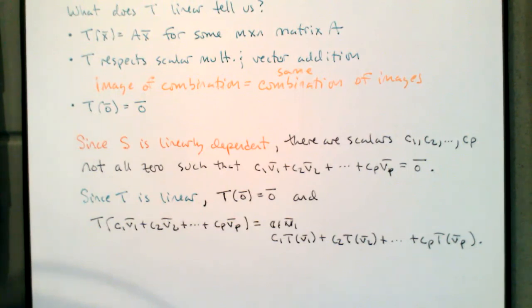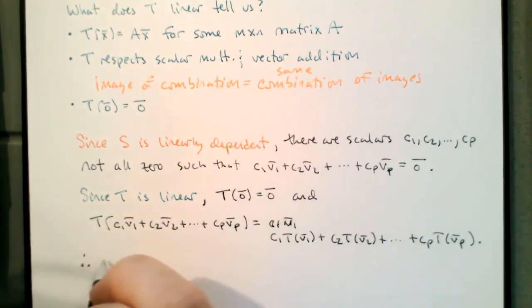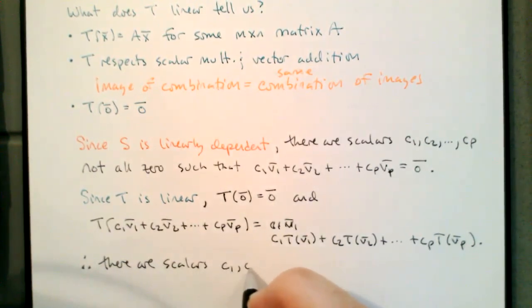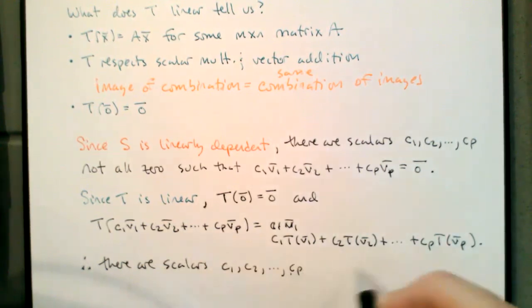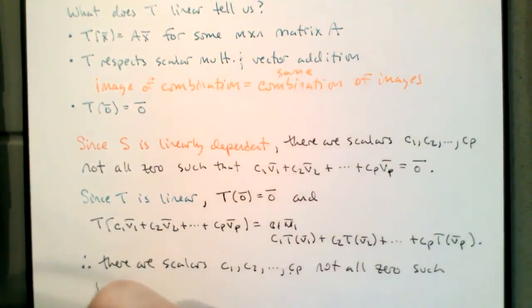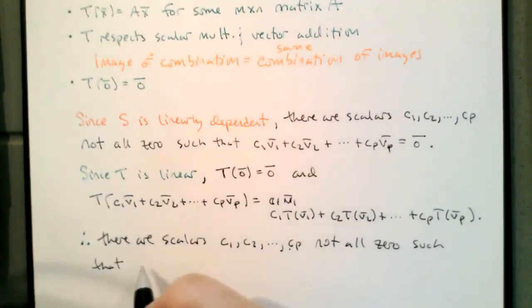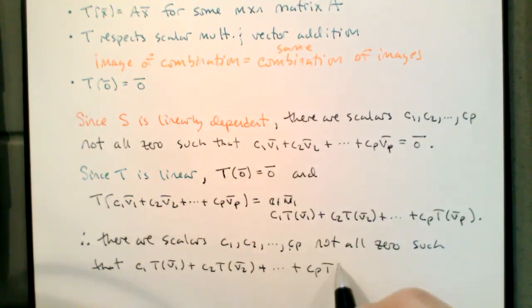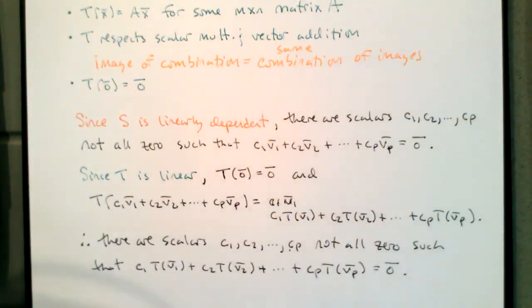So now we can conclude there are scalars C1 through CP, not all 0, such that C1 T of V1 plus C2 T of V2 and so on equals 0.